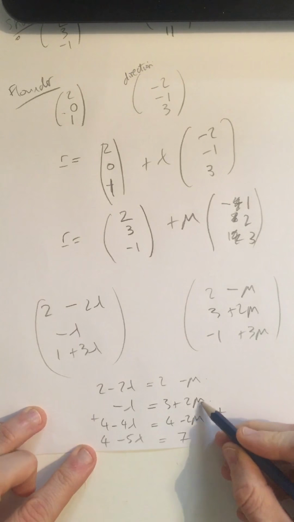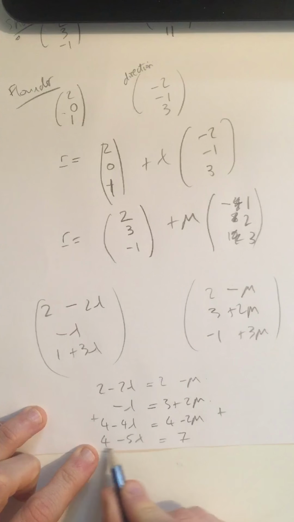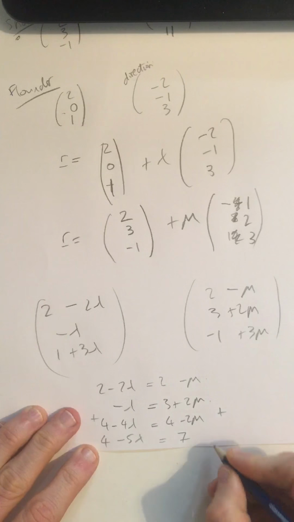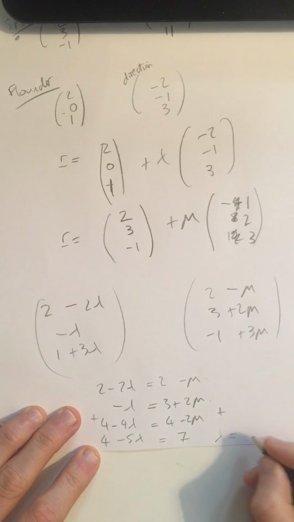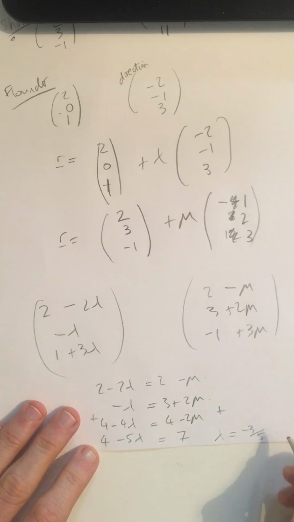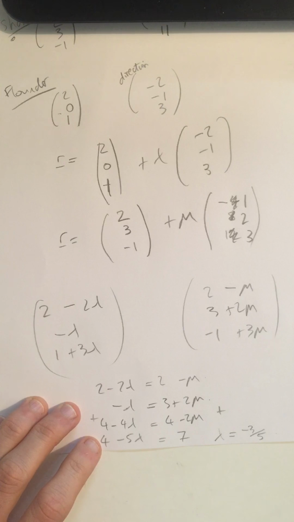And obviously here we can see the mu's cancel out. Rearrange to work out what lambda is going to be. So lambda would have to equal minus 3/5. So therefore, we can now substitute that in here and work out what mu would be.